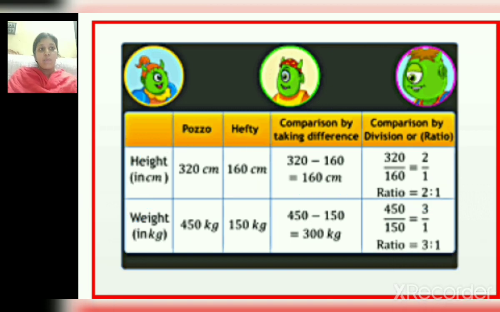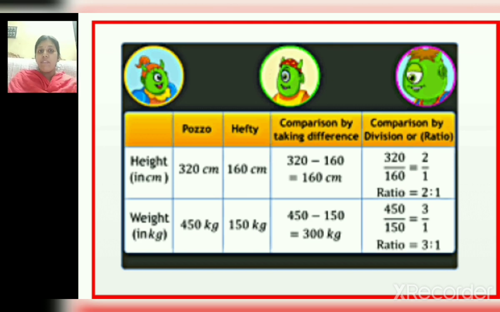Clear? Now in the same way, the weight of two persons is given. I told you ratio means a comparison made between two sets of numbers or two quantities, and the two quantities should be of the same unit. In the first example, the heights were both in centimeters.